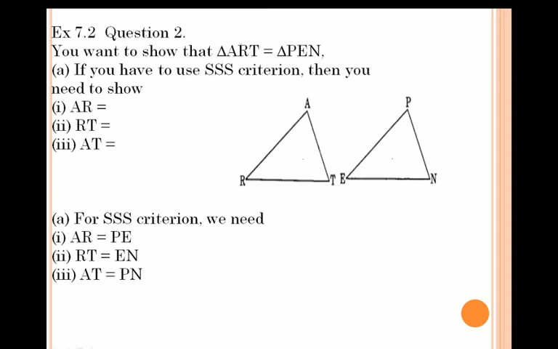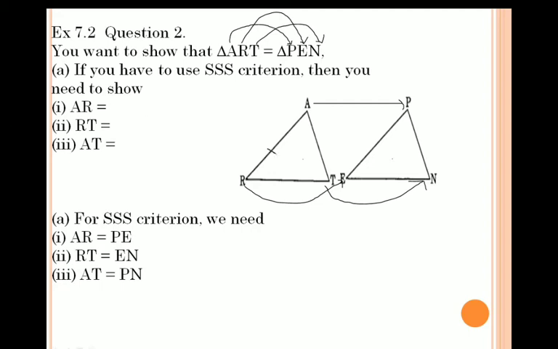So look at here, A corresponds to P, R corresponds to E and T corresponds to N. So by looking at the corresponding vertices, we have to write their names.